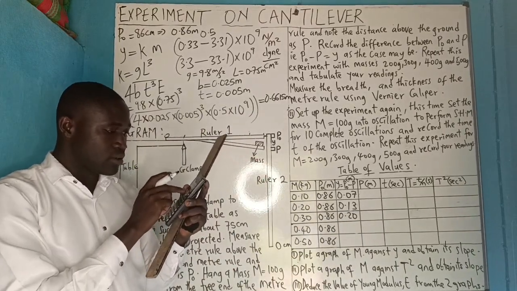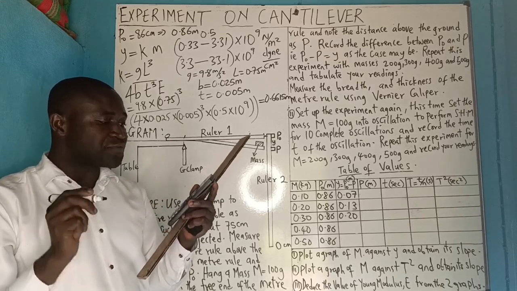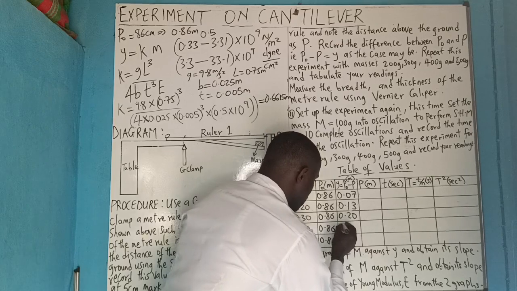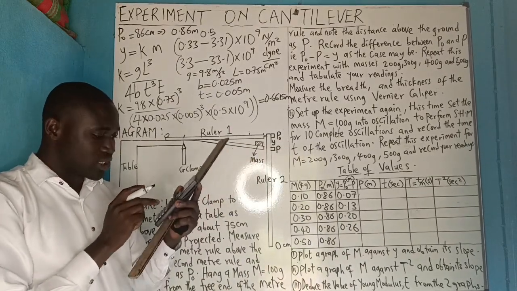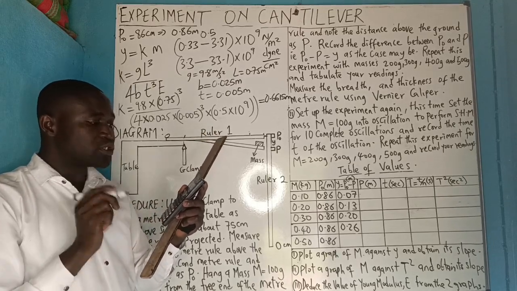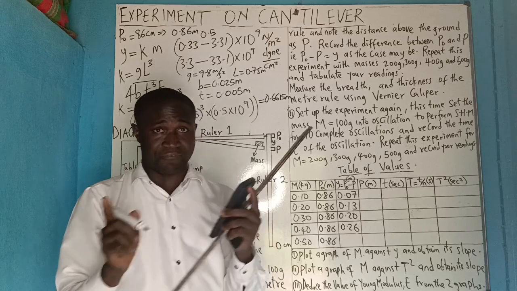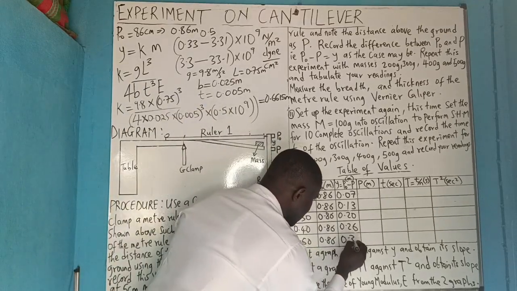Then times 0.4, 0.2646, approximated to 0.26. Then times 0.5. That will be 0.33075, approximated to 0.33.